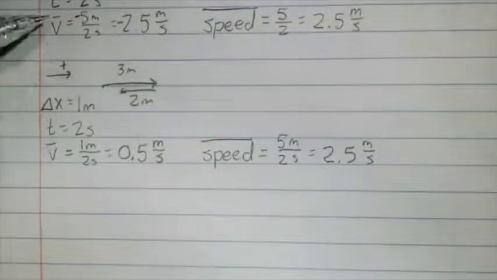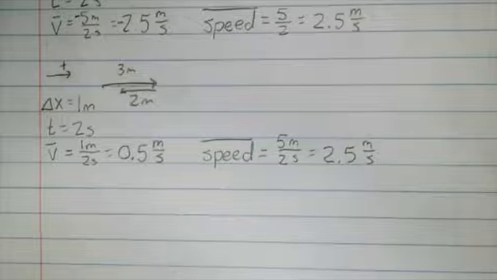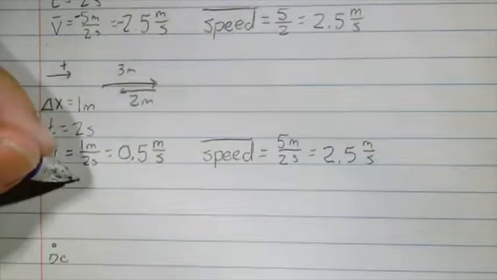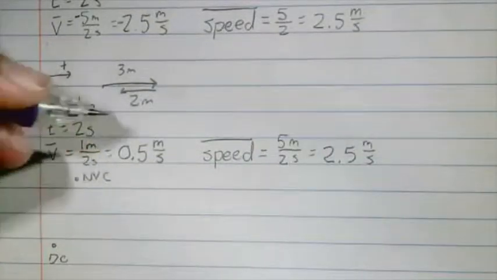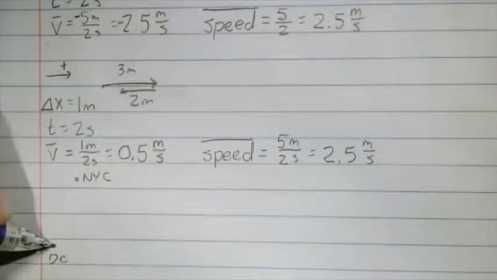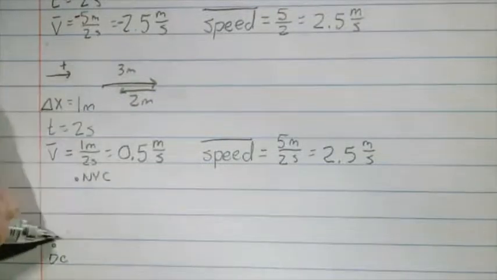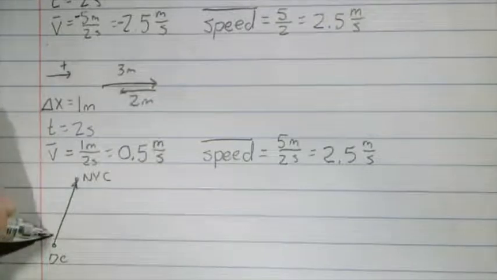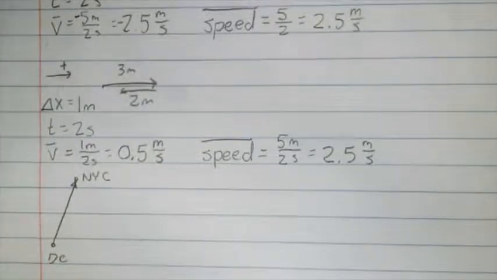We've got this average velocity, average speed. What does that mean? The best way I can give an example is if I talk about going from DC to New York City. Let's pretend it's a straight line. It's not, you're going to be driving over all sorts of different roads.